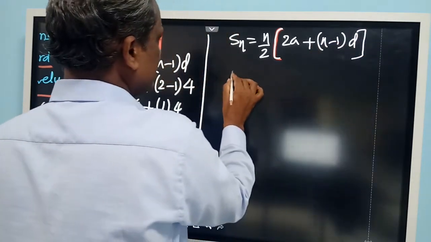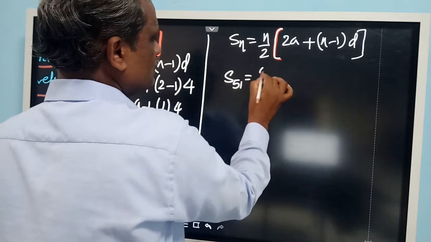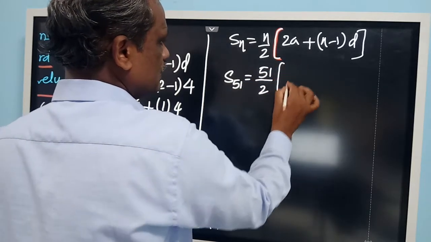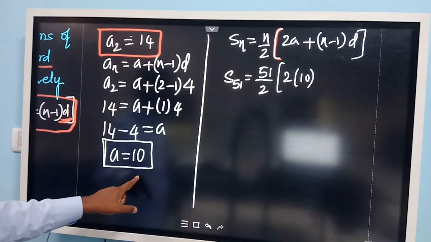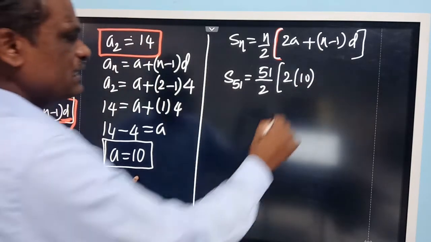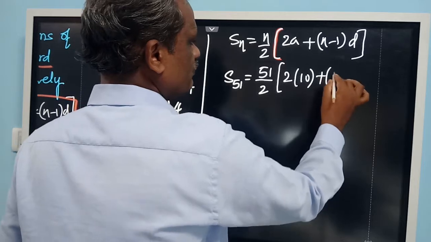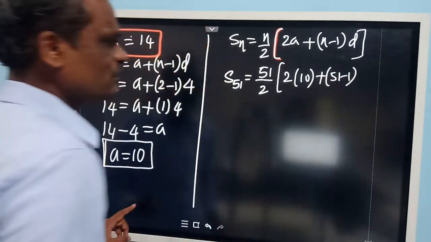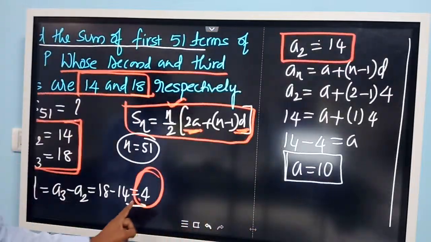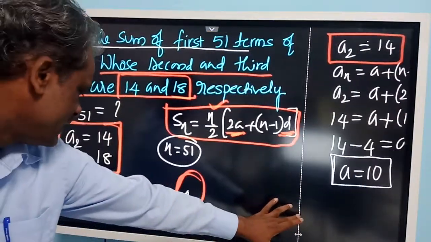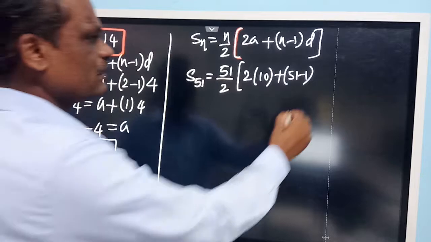Substitute here: 51 by 2 into (2 times a value 10, plus (51 minus 1) into the common difference, that is 4).